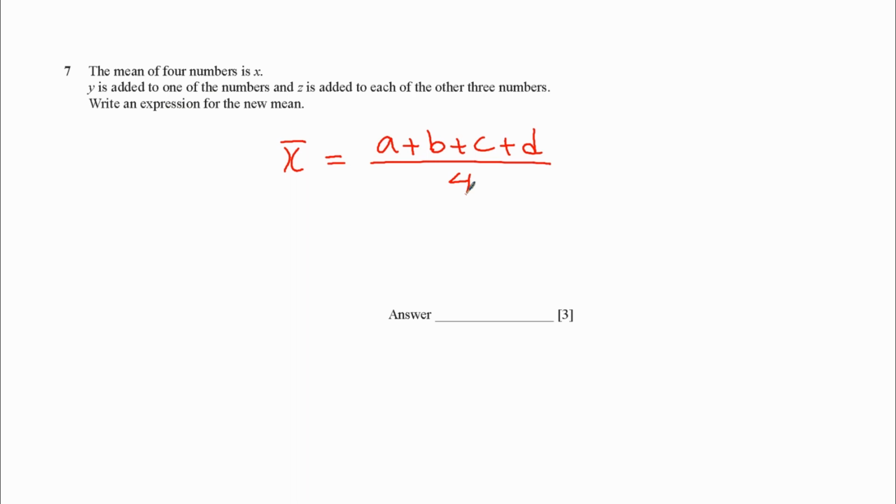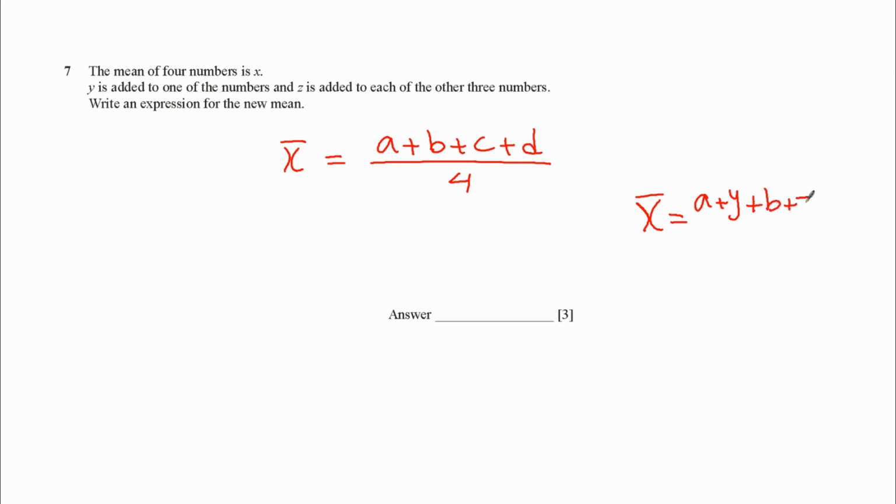So we are adding y to one of the numbers, and so the new mean would be, I'm going again to show it by x bar equals a plus y. We are adding y to one of the numbers, and then we are adding z to each one of the other 3: plus b plus z.